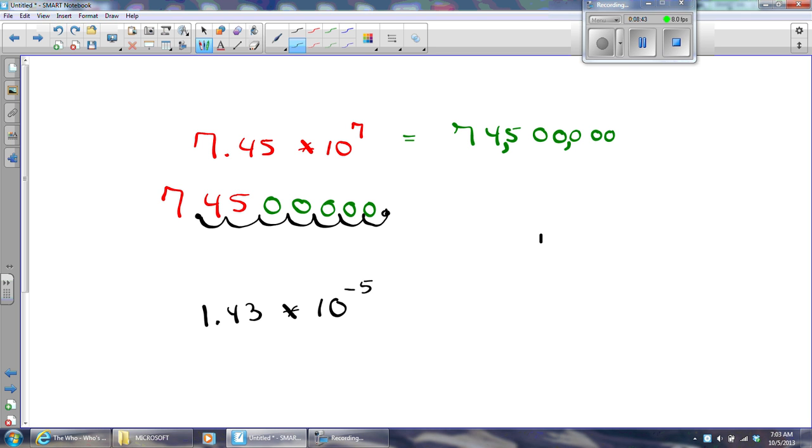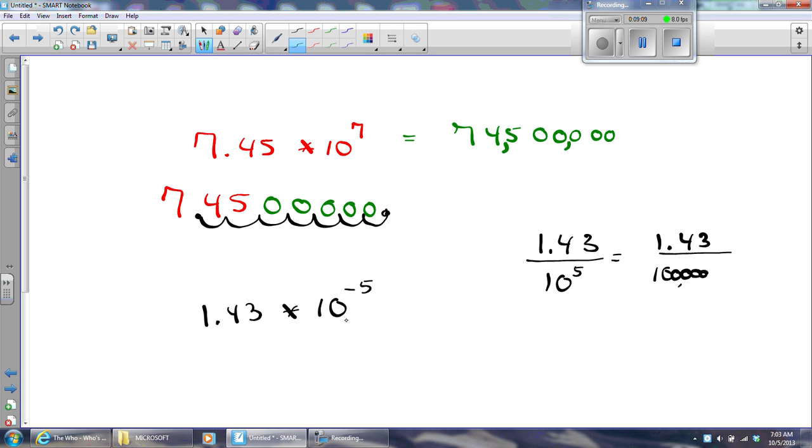If I had $1.43 and I had divided amongst 10 to the fifth people, they wouldn't get very much, would they? Maybe a piece of a penny. I got too many zeros there, don't I? One, two, no, I'm good. It's 100,000. If I had to share $1.43 with 100,000 people, we wouldn't get very much.